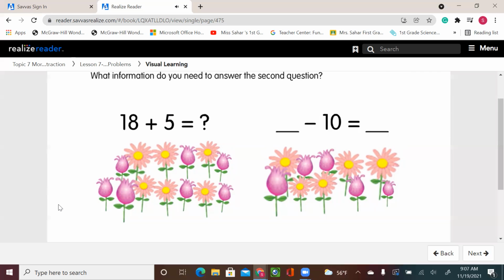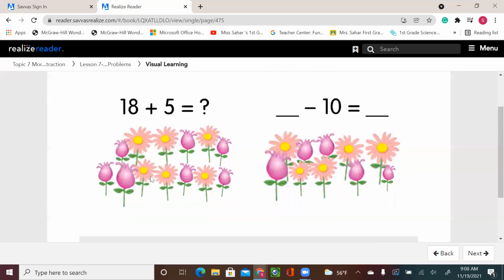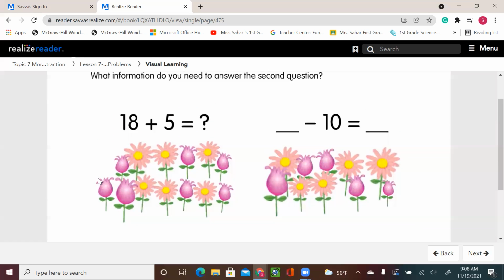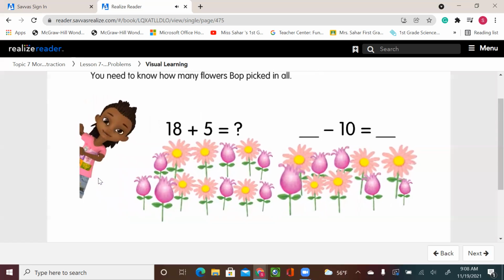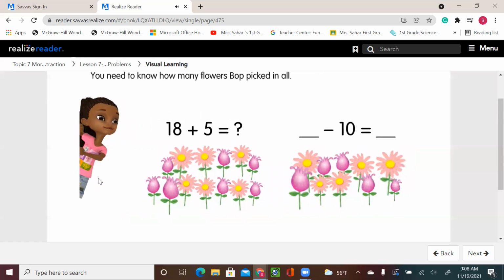What information do you need to answer the second question? We need to find how many Bob had in all, then we take away what he gave to Buzz. You need to know how many flowers Bob picked in all.